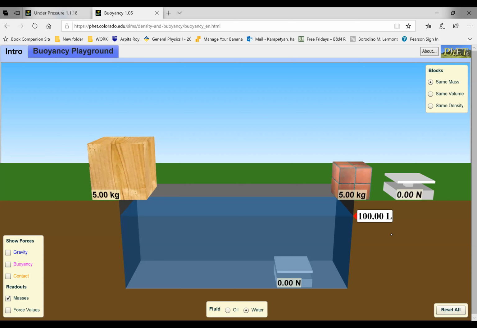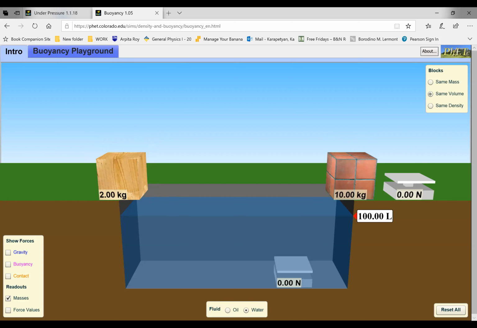But you can see that in order for the block of wood to be 5 kilograms, it has to be much bigger. If I make them the same volume, the wood is much, much lighter because it is just less dense. So let's talk about the same volume for now.